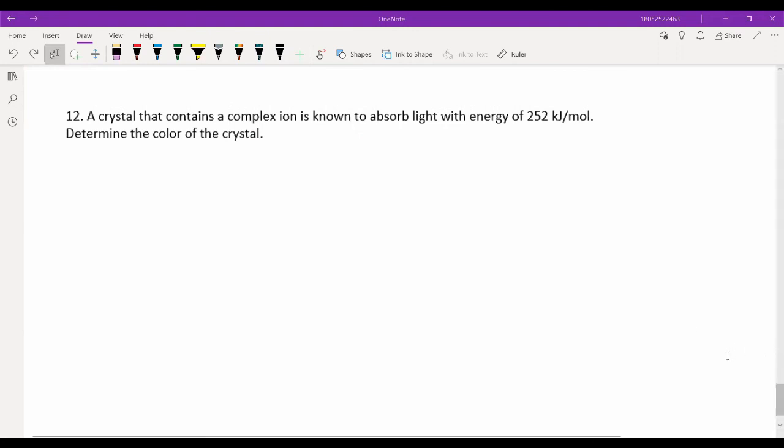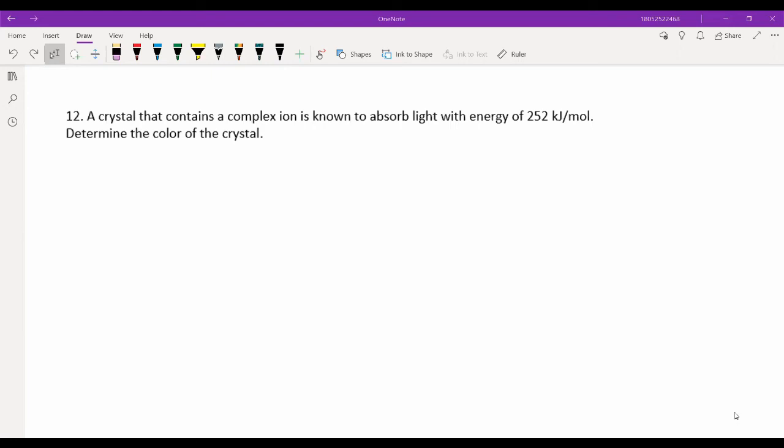Okay, last problem here. We are doing a little bit of quantum mechanical calculations just with light and change in energy, determining the color absorbed, and then the color that it would appear from that.